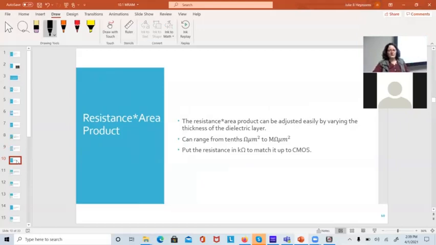Now, one of the beautiful things about this is something called the resistance area product. And we can easily adjust the resistance area product by varying the thickness of the dielectric layer. As engineers, we've just gotten a handle on how big the resistance is going to be when we measure it.